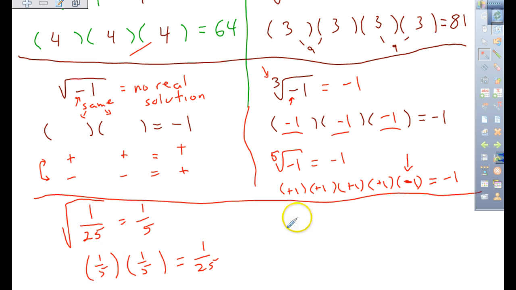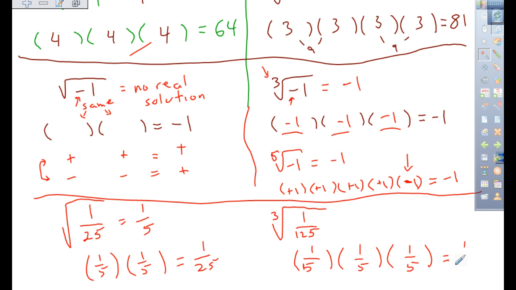Same thing here. Cube root of 1 over 125. Same thing. 1/5 times 1/5 times 1/5 equals 1 over 125.